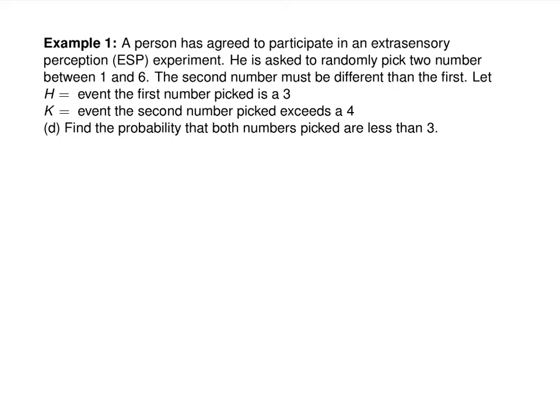Find the probability that both numbers picked are less than 3. So what's the probability that the first number is less than 3 and the second number is less than 3? Okay, well, the numbers that are less than 3 are 1 and 2.